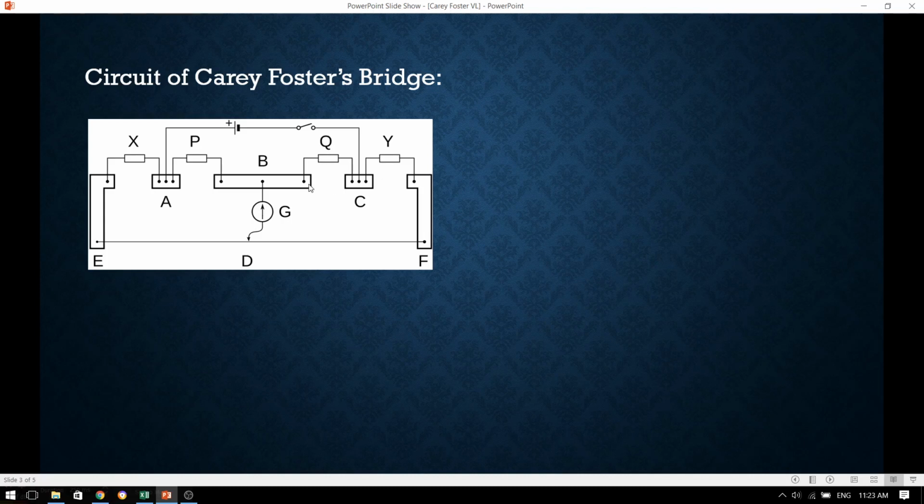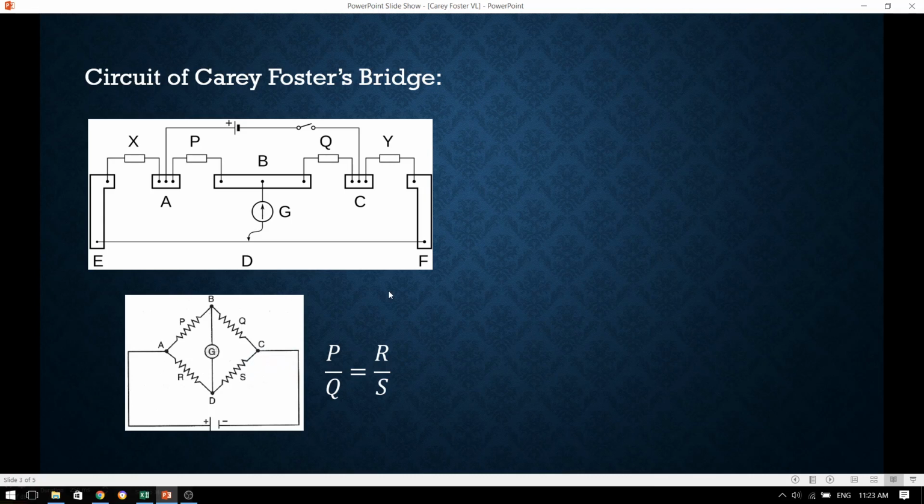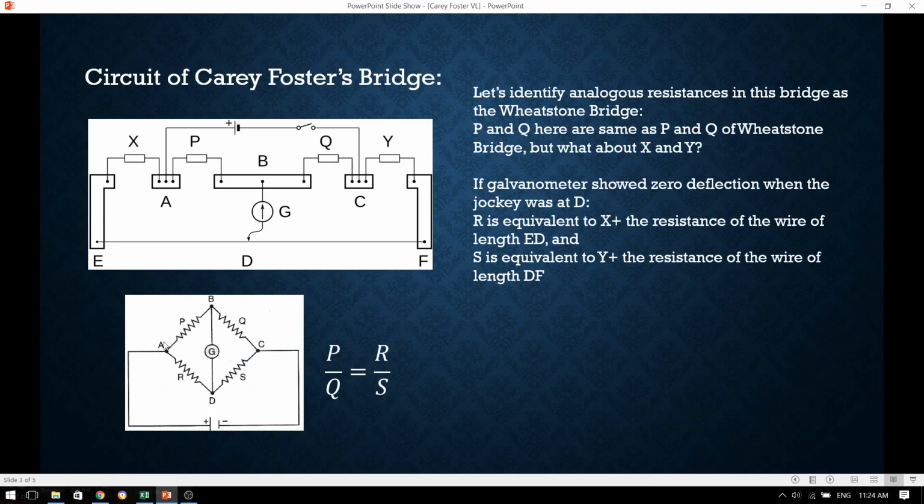Can you identify these 4 gaps? In these 4 gaps, we have connected 4 different values of resistance, namely P, Q, X and Y. Next, I would like to show you the Wheatstone bridge once again, and let us try to understand how the Wheatstone bridge principle works analogously in the Carey Foster's bridge.